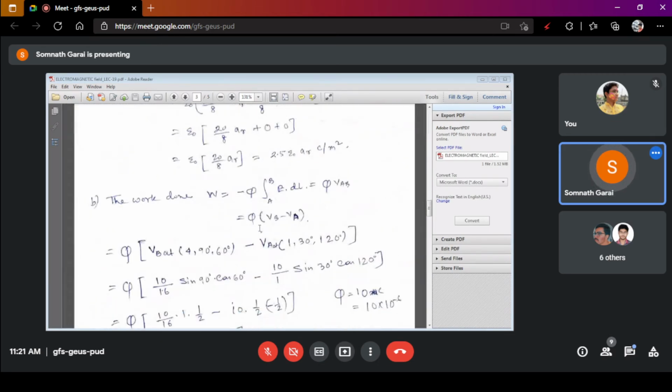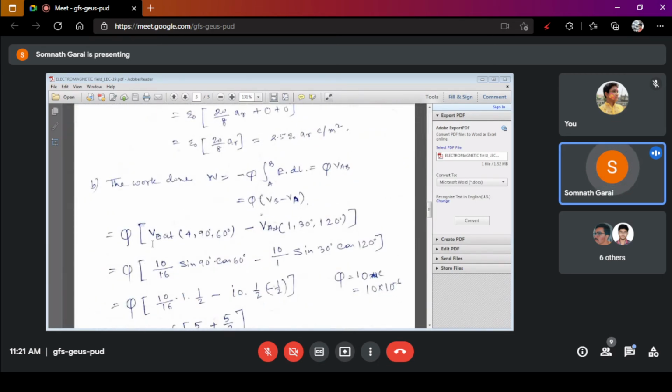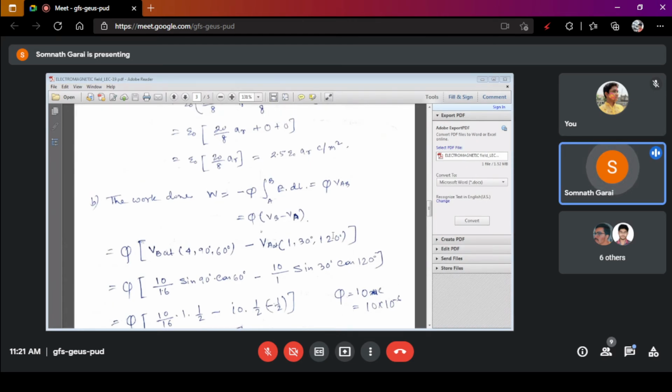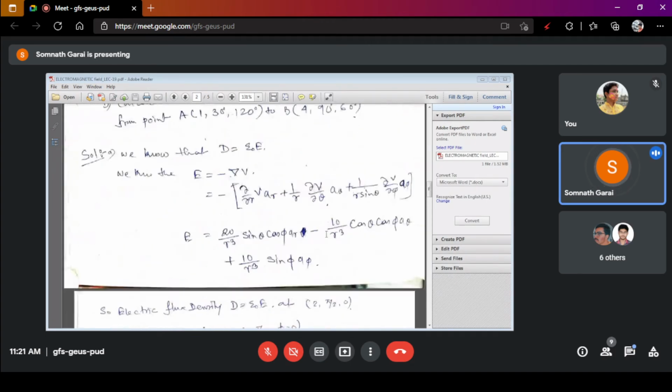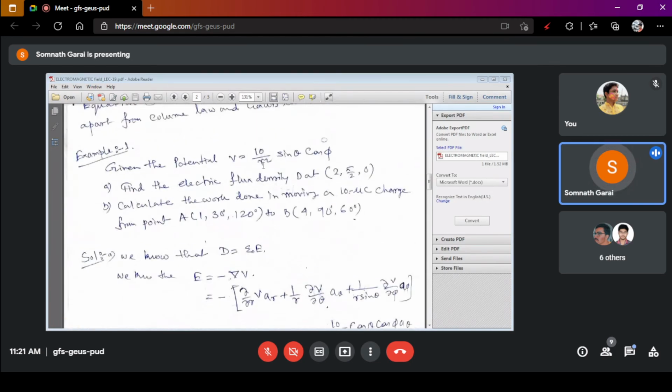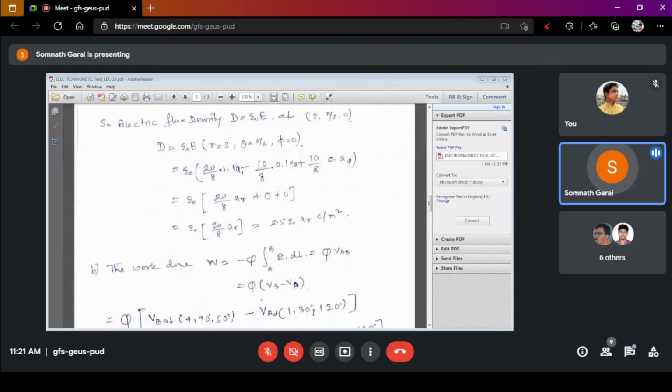Now put the value. So the potential at point B at 4, 90, 60, and the potential at A at 1, 30, 120. We already know the equation of V.